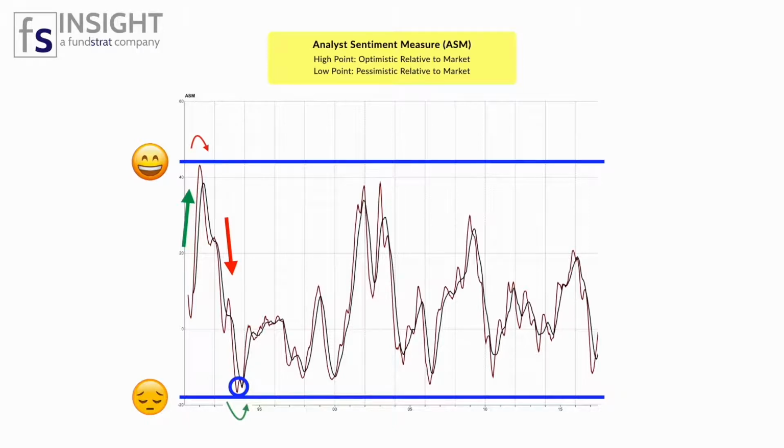So in its purest form, when we look at the ASM within the sectors, what we're looking for are these outer edge readings, either too much pessimism or excessive optimism, to potentially look for that group to have a reversal.